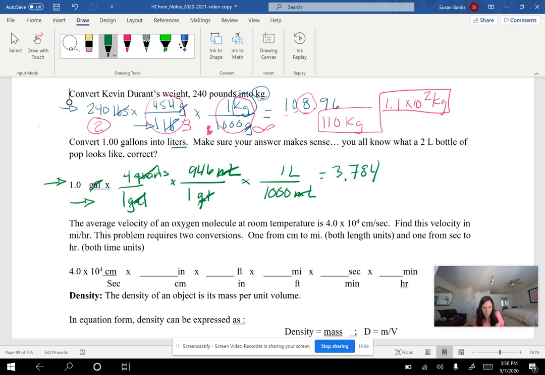This will give me 3.784. Okay, let's look at the sig figs here. Here I have 2. This is a definition. This gives me 3, and this is a definition. So I can report 2. So 1, 2, this 8 tells me to round up. So 3.8 liters in a gallon.